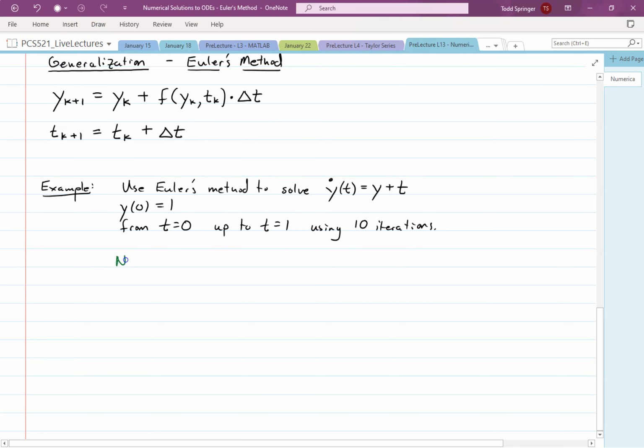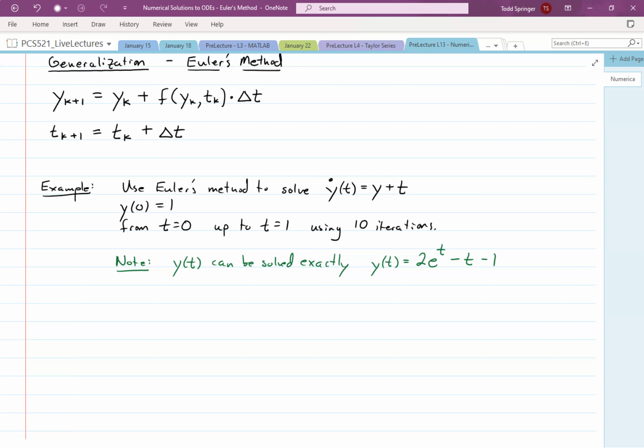So note, this one has an exact solution. y of t can be solved exactly, and the solution to that is y of t is equal to 2e to the t minus t minus 1. And you can check that by solving that ODE using the method for first order linear equations. Okay, so I'm just going to use this as a check.